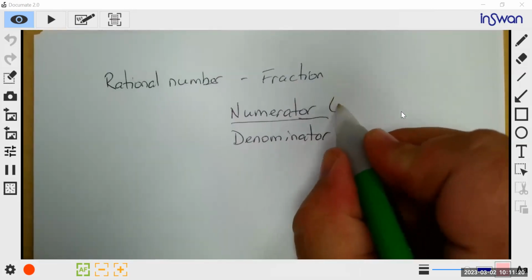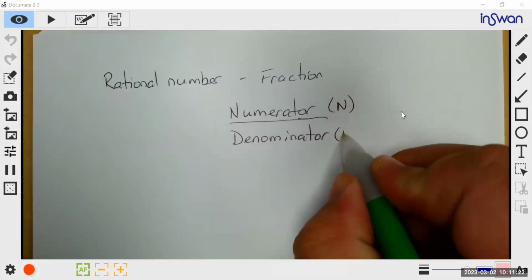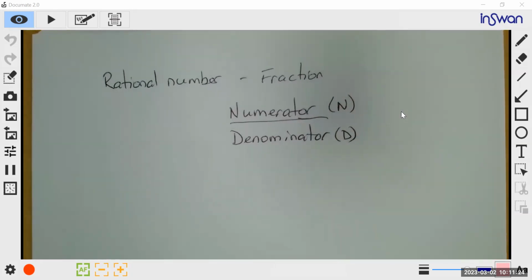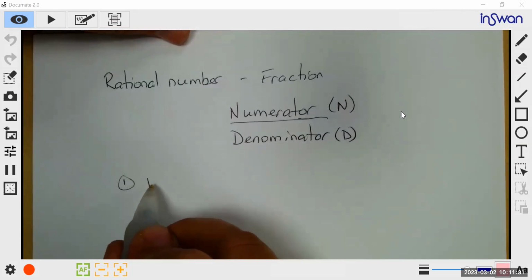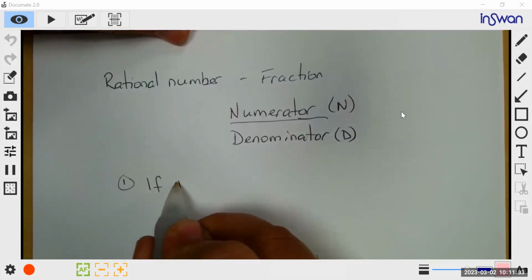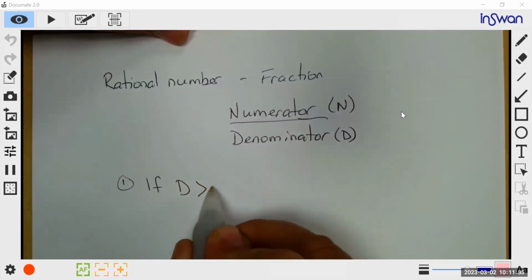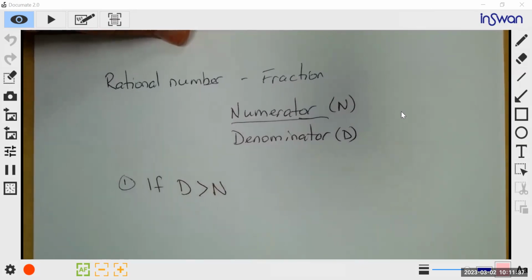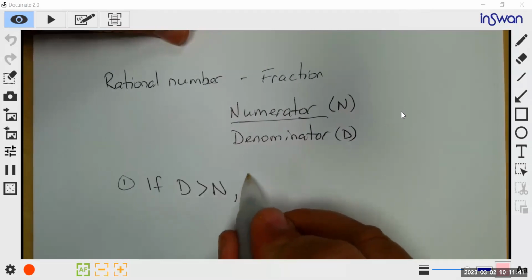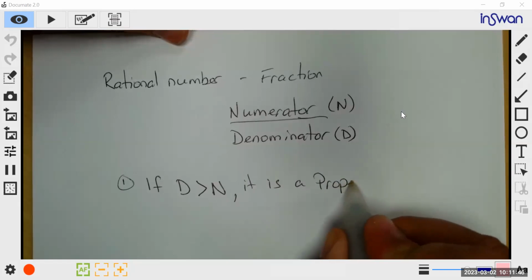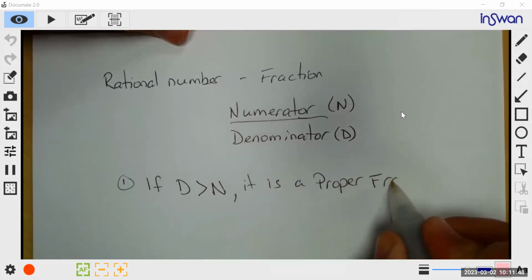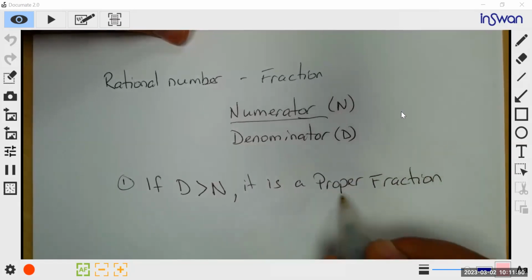We'll call this one N, and we'll call this one D. If D is greater than N, if the bottom number is larger than the top, it is a proper fraction.